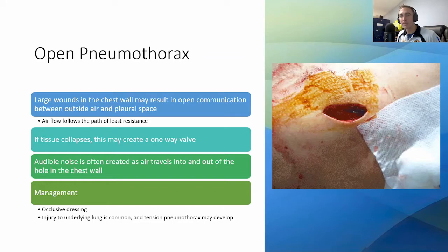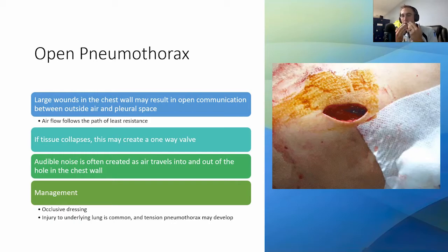Open pneumothorax, that's basically just a sucking chest wound. When the patient has this large wound in their chest as a result of a stab wound or gunshot wound, there's communication between the environment and the pleural space. And air wants to follow the path of least resistance.